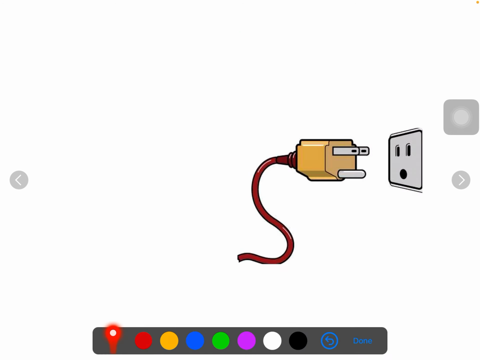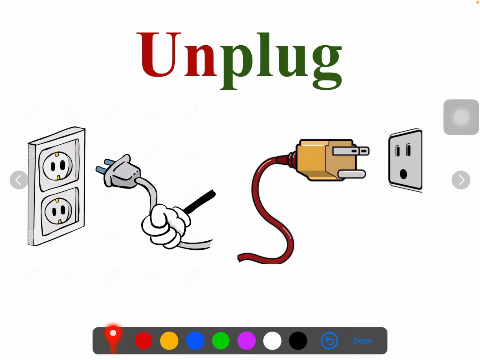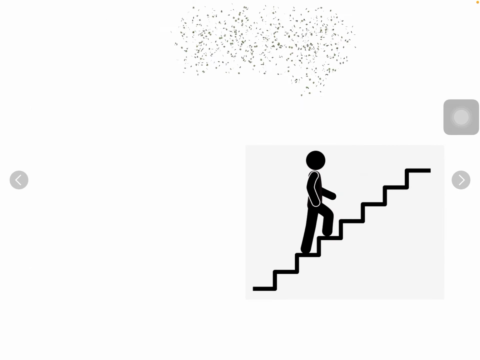Plug, this is a plug. And by adding the prefix un, it will be unplug. Means, yes, unplug it. Remove it. We have step. Misstep means to make a mistake. It's the opposite. Label, this is a label.